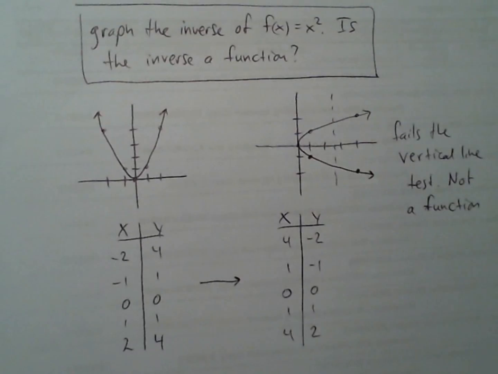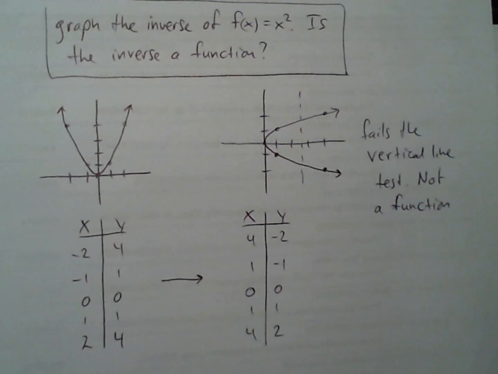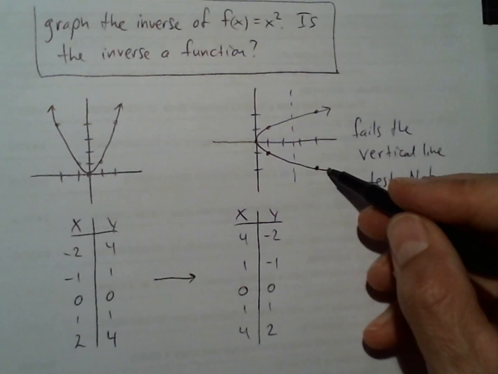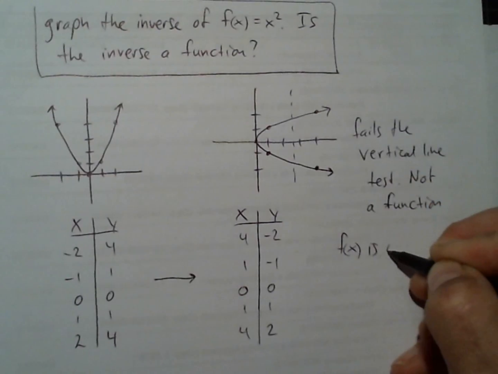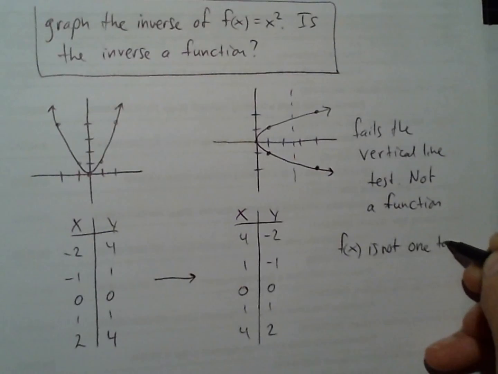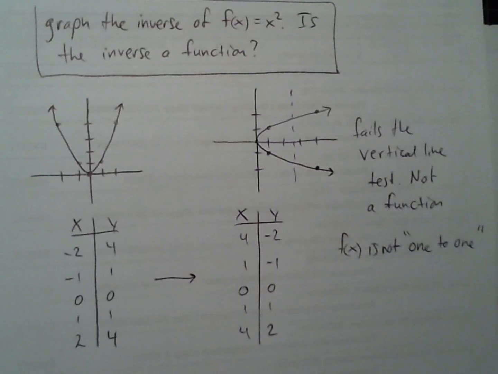Okay, when the inverse is not a function, then we say that the original function is not one-to-one. So this is not a function, therefore f of x is not one-to-one. That's the name.